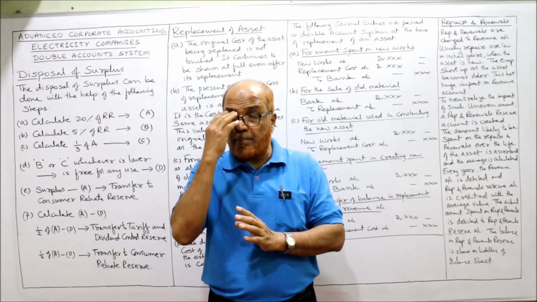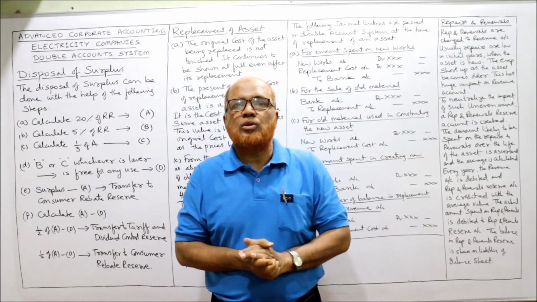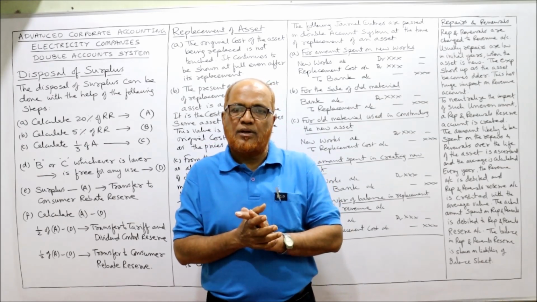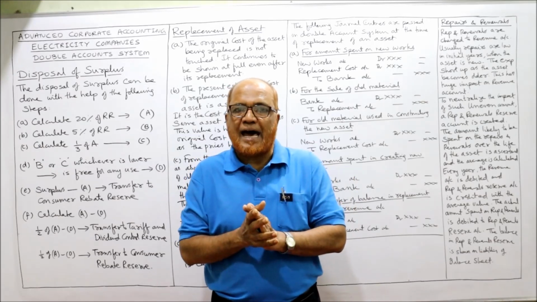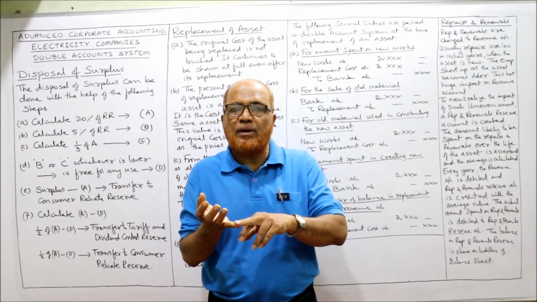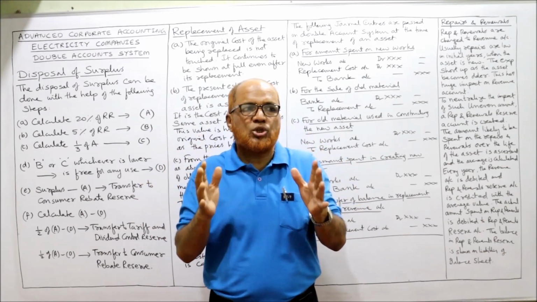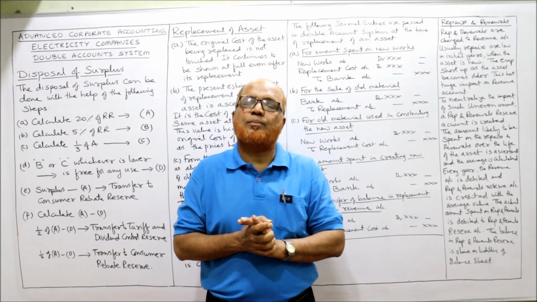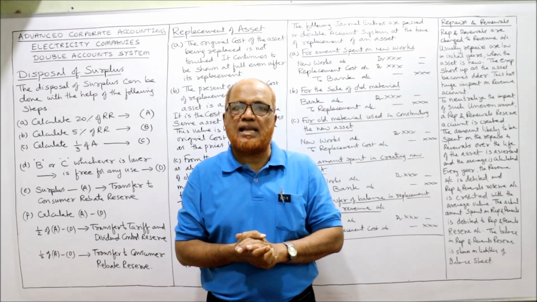So electricity companies also, the main objective is to provide electricity to the public at lower cost, without disturbing the reasonable profit. The Electricity Companies Act says whatever surplus, that means actual profit minus reasonable return. Example, in a particular year, the actual profit is 10 lakh, whereas reasonable return is 6 lakh.